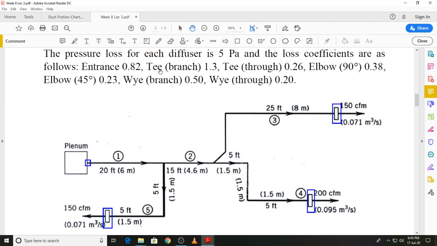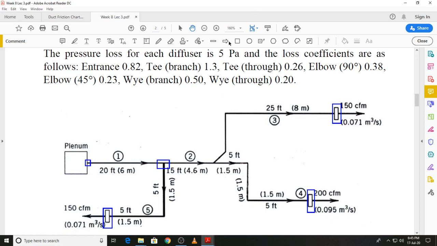Then there are T's. So as the name implies, it's a section which resembles a T, so we can see a T over here. You can see this is a T over here, and you can see that there are two values. One is T branch, the other is T through.